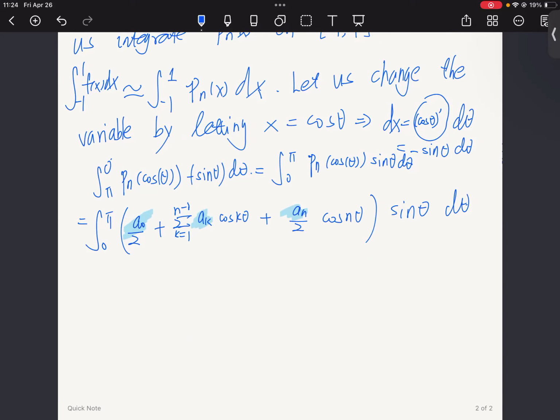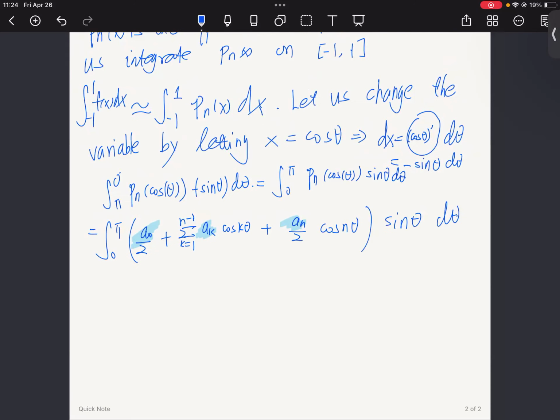So now we are going to do this integration, the whole thing. For the first item, we have A0/2, and then it's just the integral from 0 to pi of sine theta d theta. And for the rest, we have the sum from k equals 1 to n-1, and I just extract the coefficients out, and then I got cosine k theta inside, and then sine theta here, and then d theta.